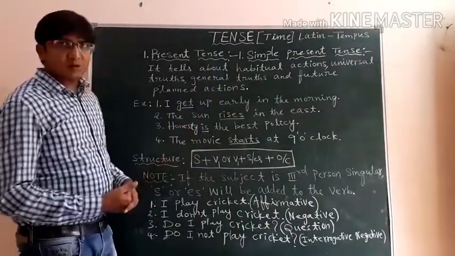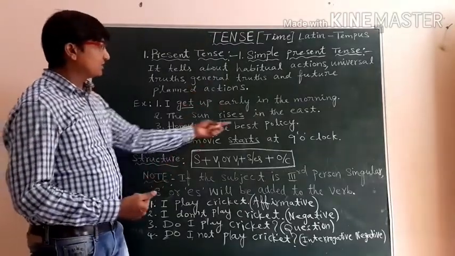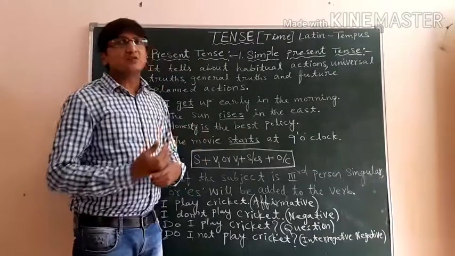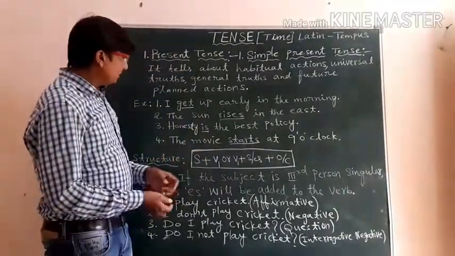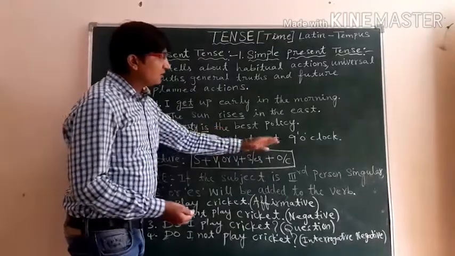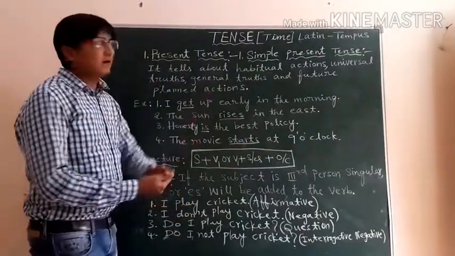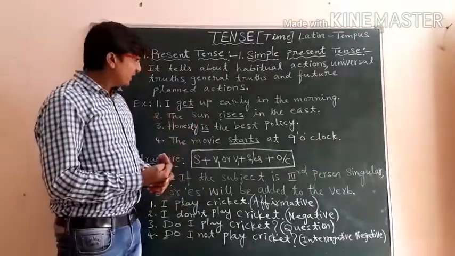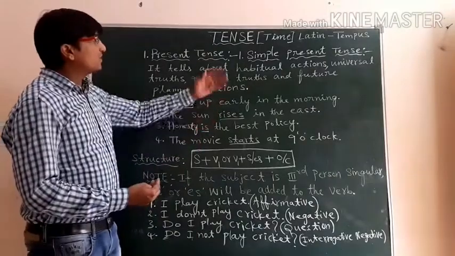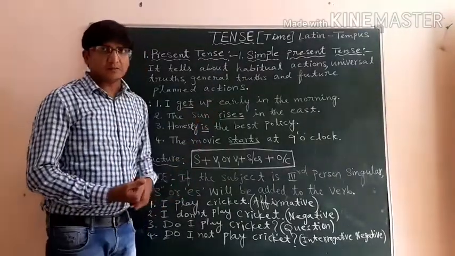Honesty is the best policy is a general truth. Even we can say milk is white, always milk is white. And the movie starts at 9 o'clock refers to future planned actions. So like this, simple present tense tells about these 4 things.